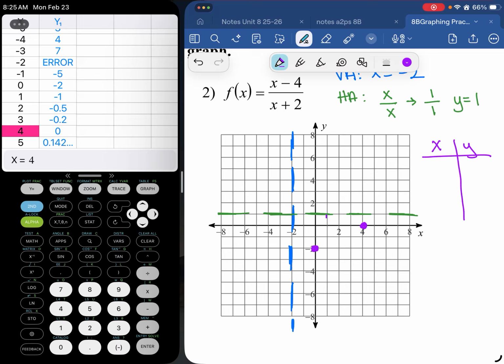So I have (0, -2), and there's going to be a match to it. I have (1, -1), and then I have (4, 0).